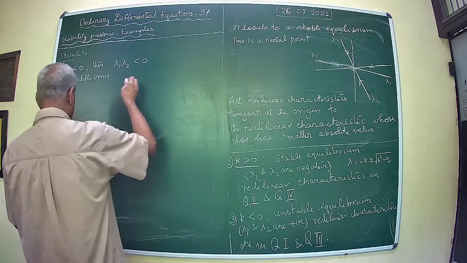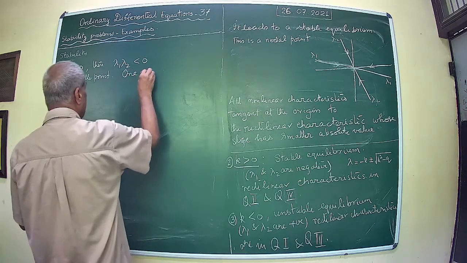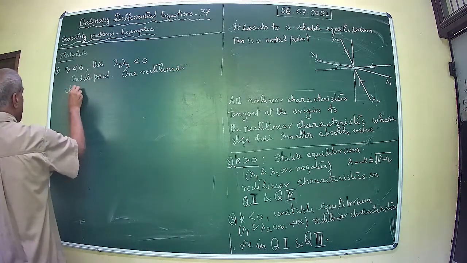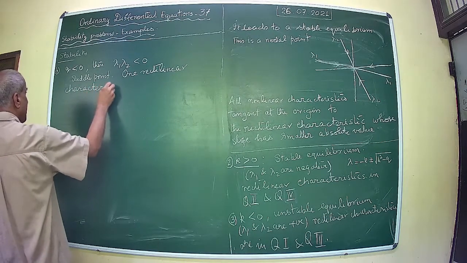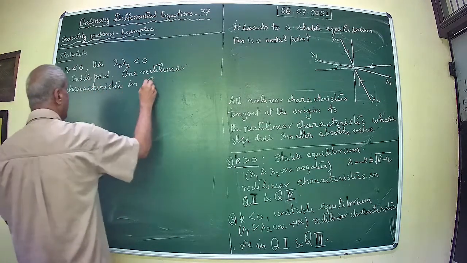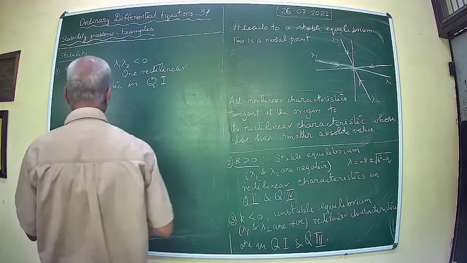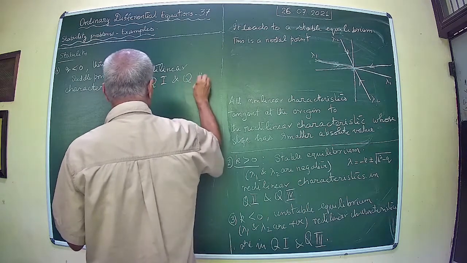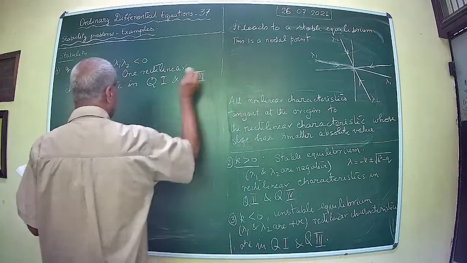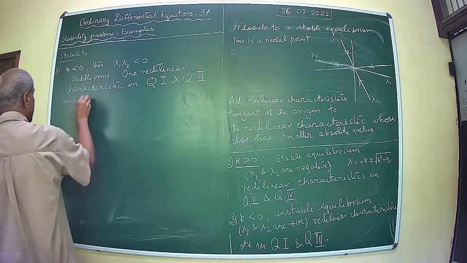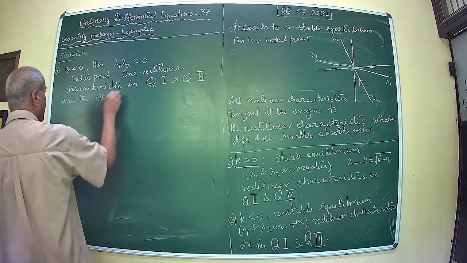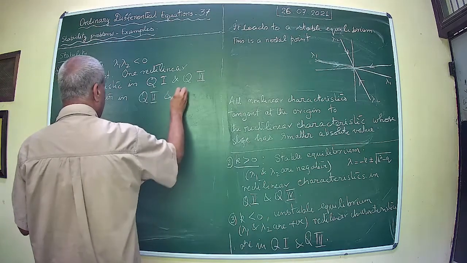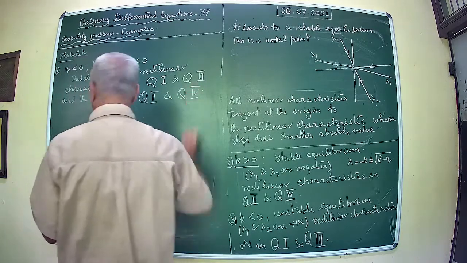The characteristics are one rectilinear in Q1 and the other in Q4.